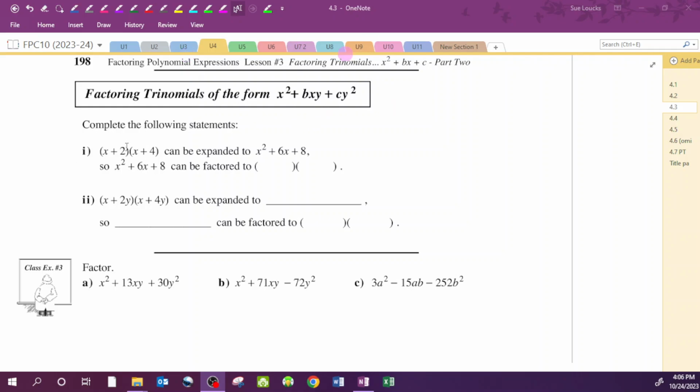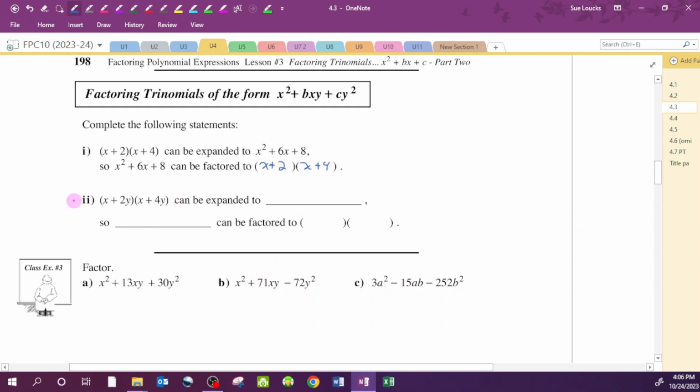So if we look at this, we've got x plus 2 times x plus 4. If we expand that, which means we multiply it out, we get x squared plus 6x plus 8, which means that x squared plus 6x plus 8 factors into what we started off with, x plus 2 times x plus 4.